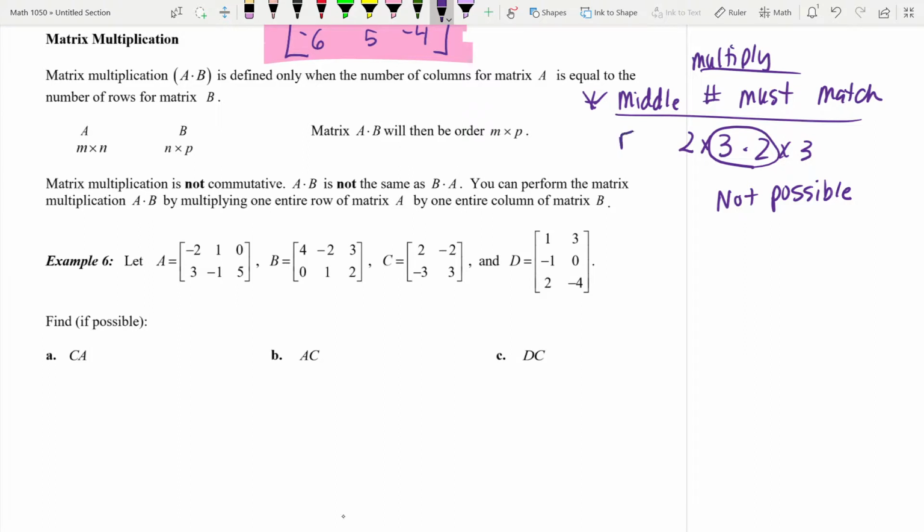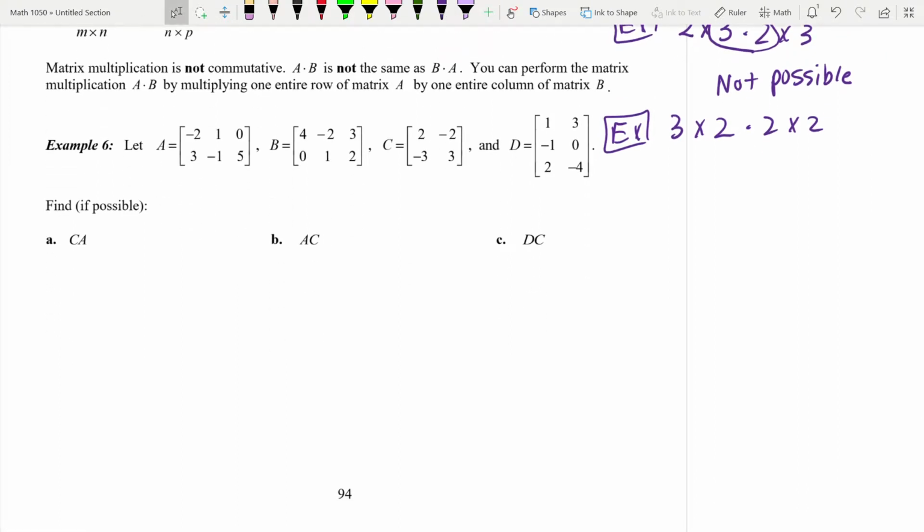Well, what if I was trying to multiply a 3 by 2 by a 2 by 2? You're going to want to write this down. This has come up before on a final, this little question. Haven't seen it for a while, but it could come up, okay? Could you multiply those together? Yes, you could.